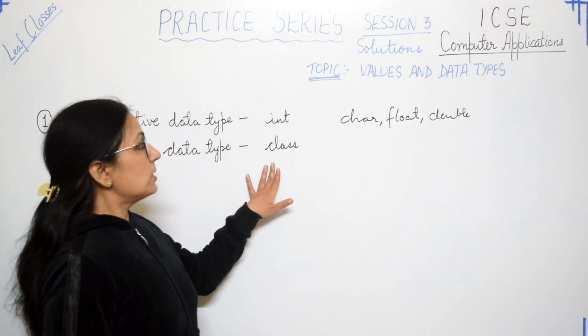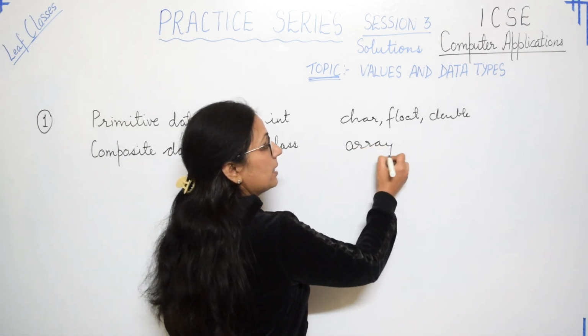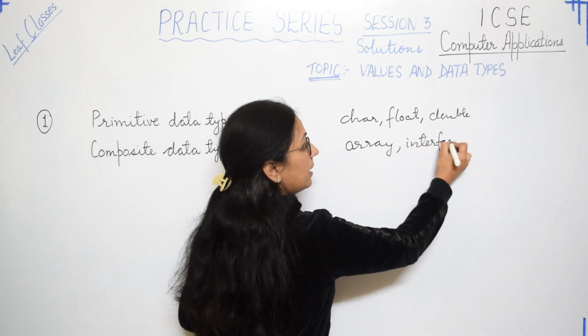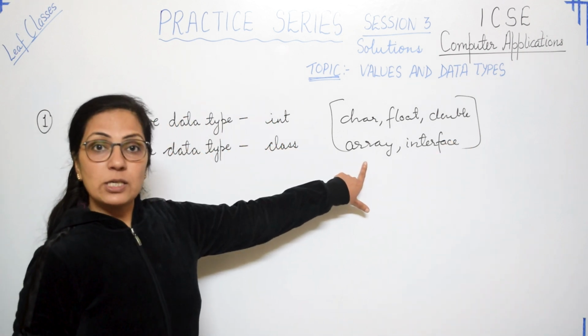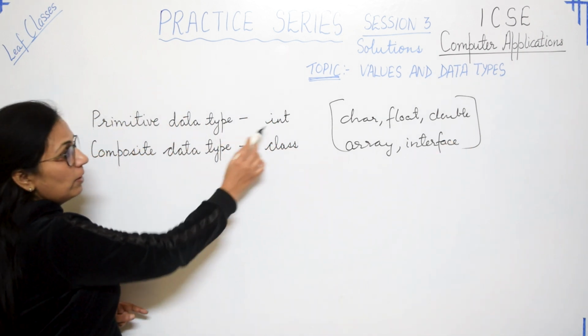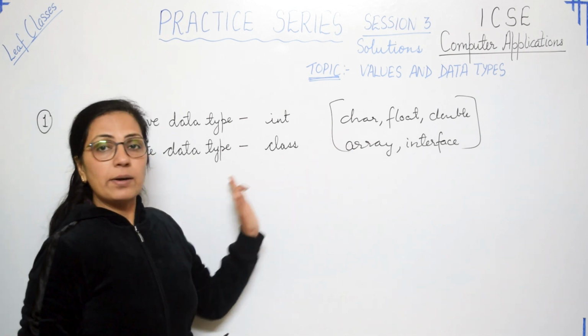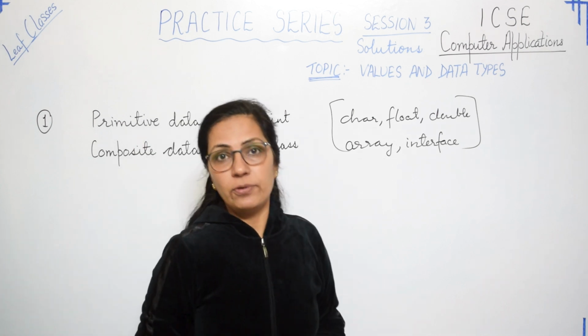And for composite data type you have class, arrays and interface. These are other data types of composite type. So this is just for the explanation I have given. But if only one is asked, you will be writing only one. Any one you can write from this list. I hope it is very easy and clear to all of you.